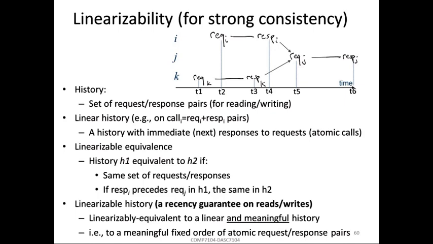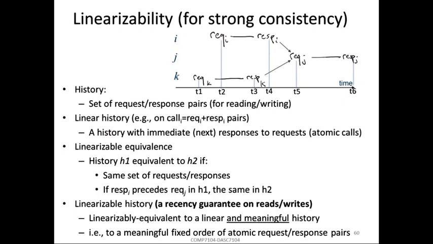When it's in the context of reading or writing records, it may mean something. When it's in some other distributed computation context, it may mean something else. So meaningful basically is the application logic.